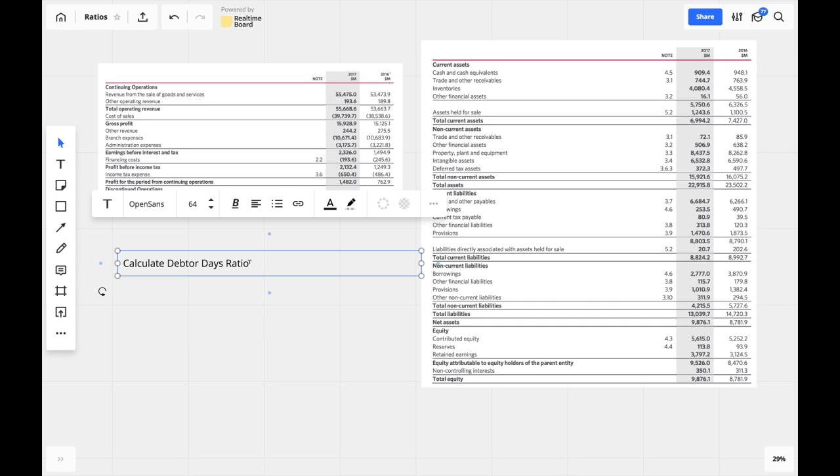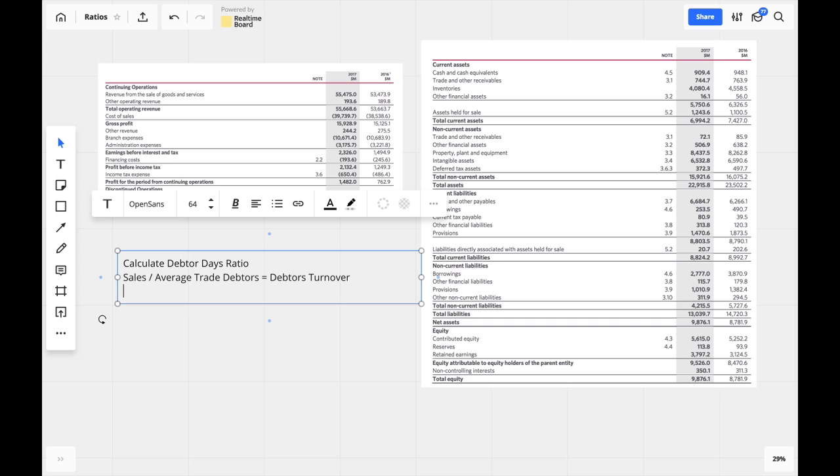Now there are two components to working out this ratio. First of all, there's the debtors turnover ratio. That is your sales divided by your average trade debtors, or trade and other debtors, and that equals your debtors turnover ratio.